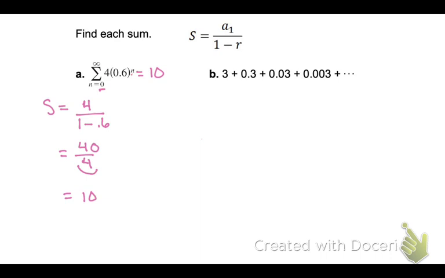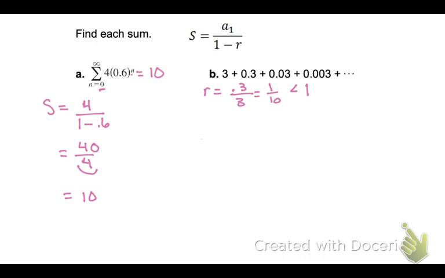Okay, 3 plus 0.3 plus 0.03 plus 0.003 plus 0.0003, right? So we got to figure out what r is. Do you remember how to figure out r? 1/10. Yes, 0.3 divided by 3. So it's 3 over 30, so it's 1/10. Is 1/10 less than 1? Yes, so we're good.